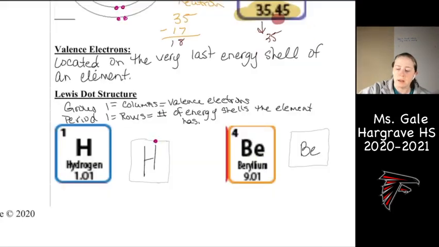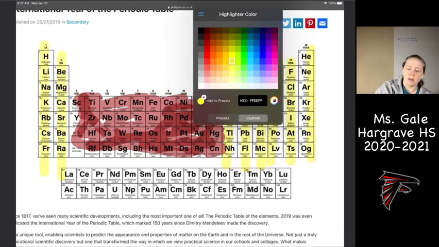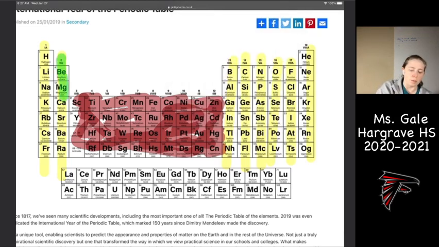Now let's go back real quick to this. We have beryllium. Let's check out where beryllium's at. Beryllium is in group 2A.